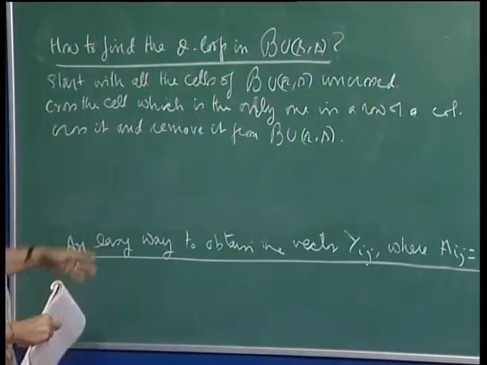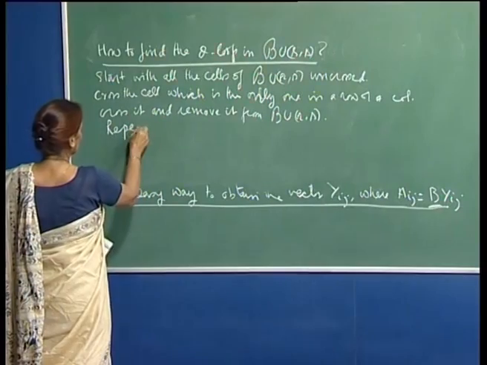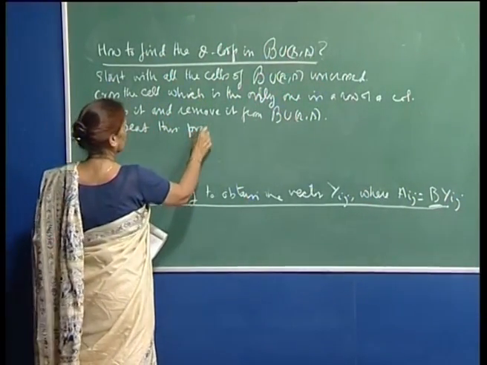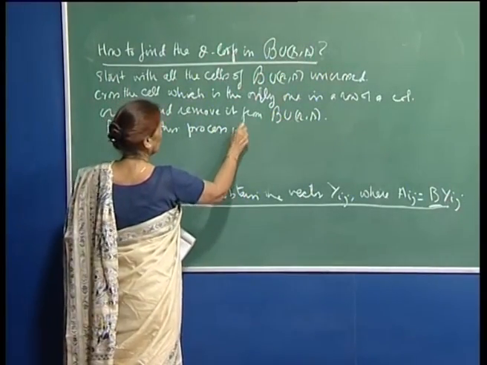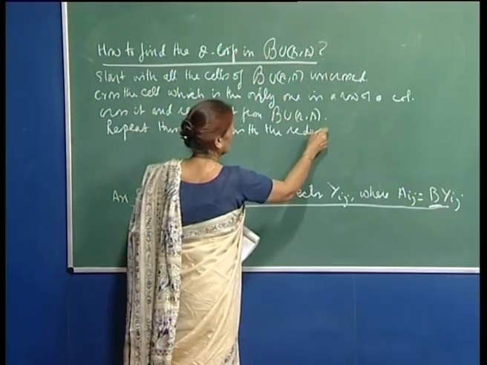And then you repeat the same thing with the reduced set. Repeat this process with the reduced set.